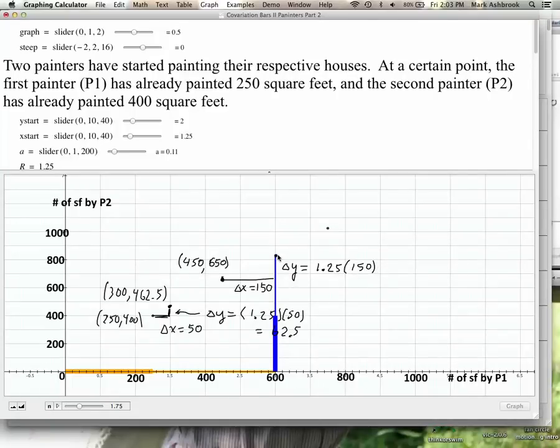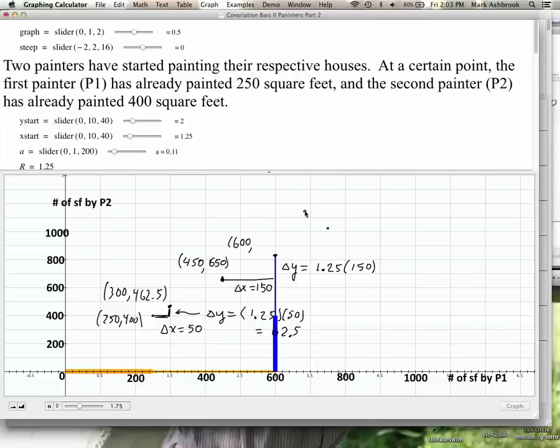Okay, and then how am I going to find now the new total that painter 1 has painted? 600, because it's 450 plus his change. 600. And how would we find how much painter 2 now has in total painted?